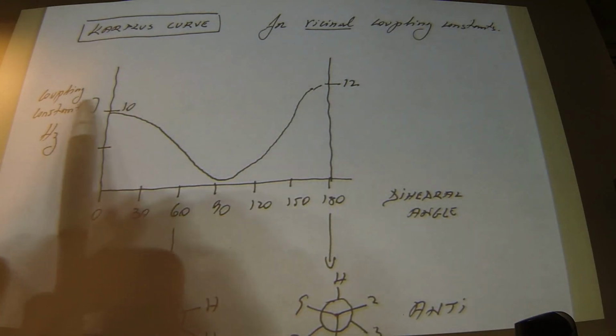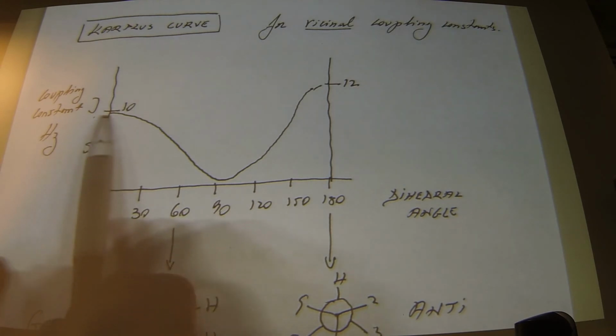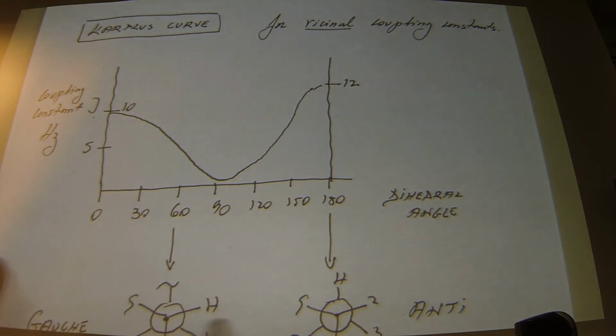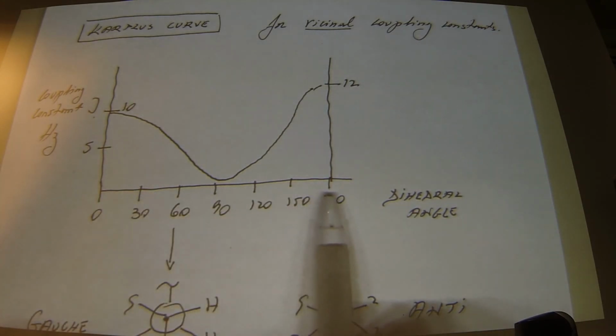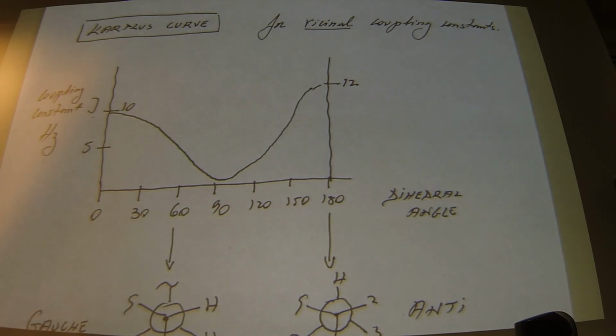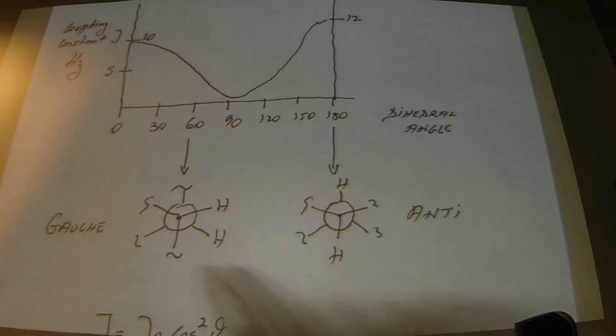It gives you the coupling constant in Hertz for vicinal coupling. Okay, so this is 3-bond coupling. And it turns out that the coupling constant varies according to the dihedral angle. Remember dihedral angles? We talked about Newman projections. Gee, I didn't tell you to forget about dihedral angles, right?